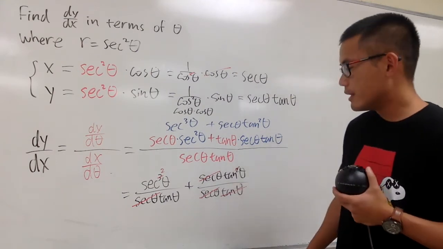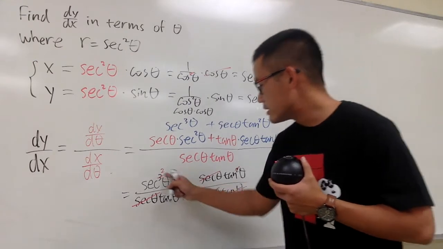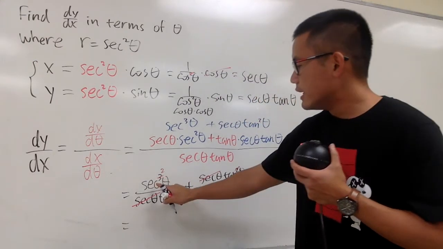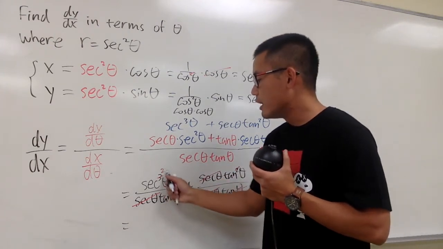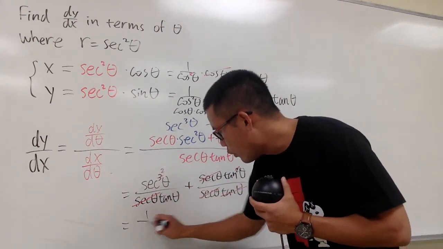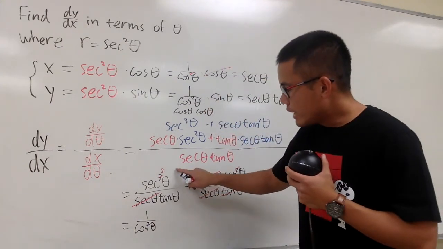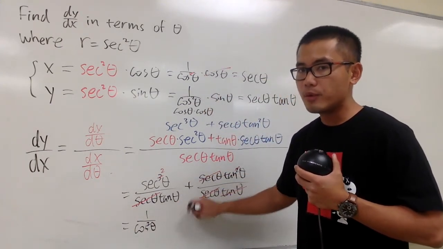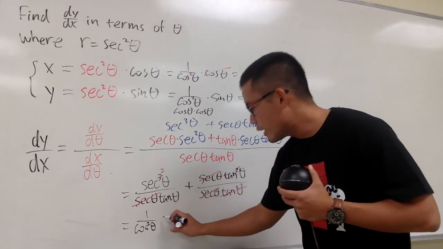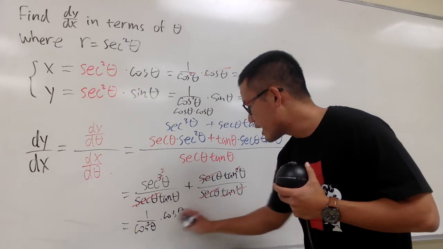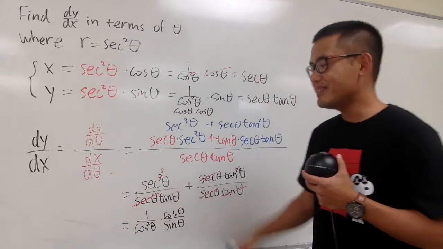Pretty nice, right? Okay, I think we can simplify this a little bit more. For this one, we have secant squared theta. Let's write everything in terms of sine and cosine. That will be 1 over cosine squared theta, and then we have 1 over tangent theta. We do the reciprocal. Instead of sine over cosine, we will end up with cosine theta over sine, because this is technically a cotangent, right?